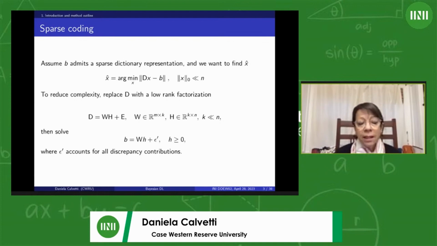So let's start with the assumption that the datum that we want to interpret in terms of the dictionary has a sparse representation. By sparse here, I really do not mean exactly sparse. I always mean sparse in the, say, engineering sense.